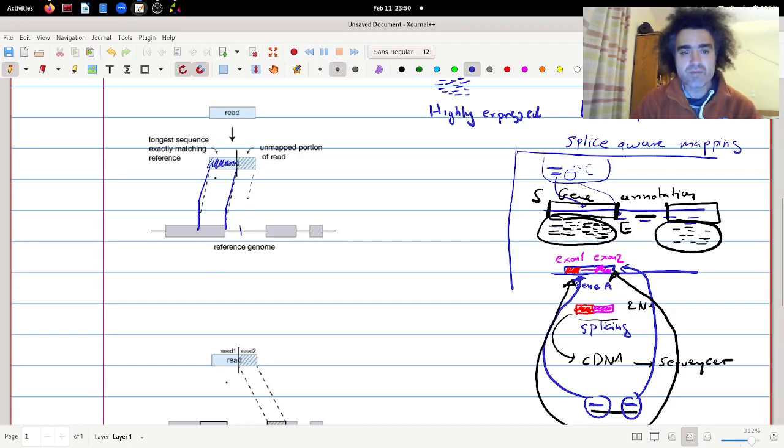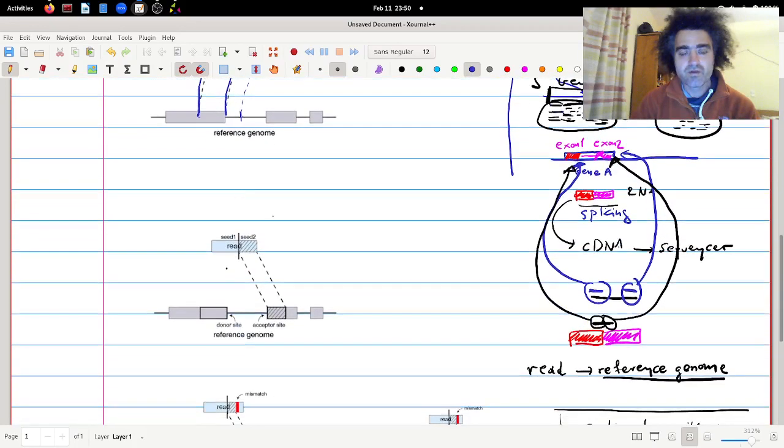So you cannot map the whole read from here to here because this part seems not to fit here. It's a different sequence. Okay, then we keep this one, the mapped read. And then what STAR does is that it goes to the mapped read and asks, okay, where can I map this? So if we are lucky, this piece will be mapped somewhere here.